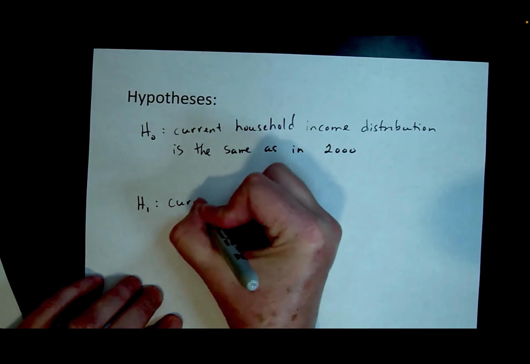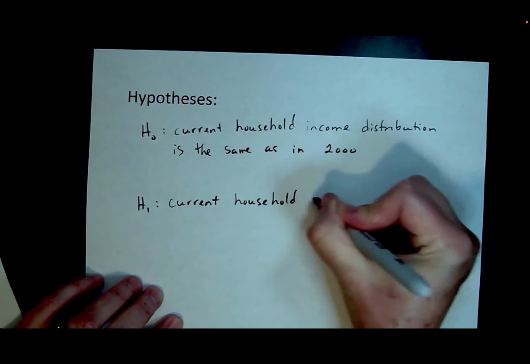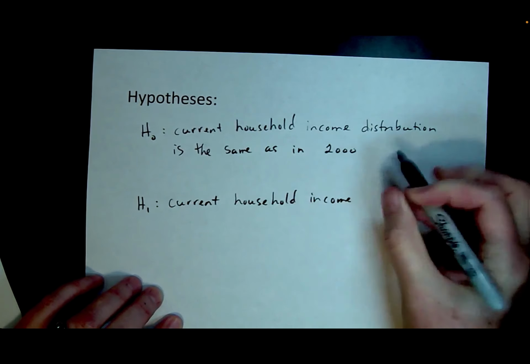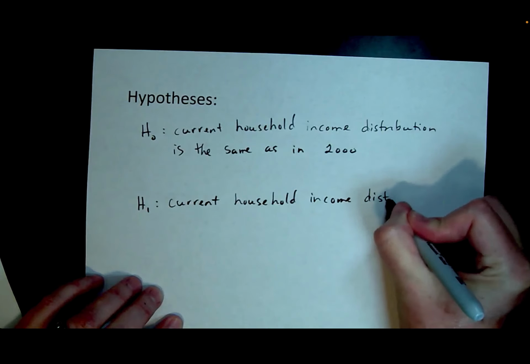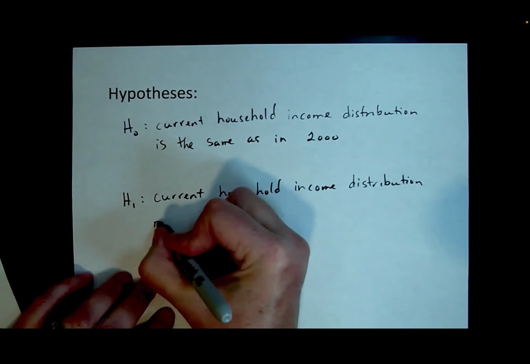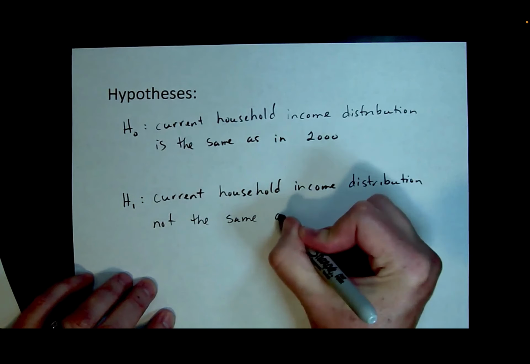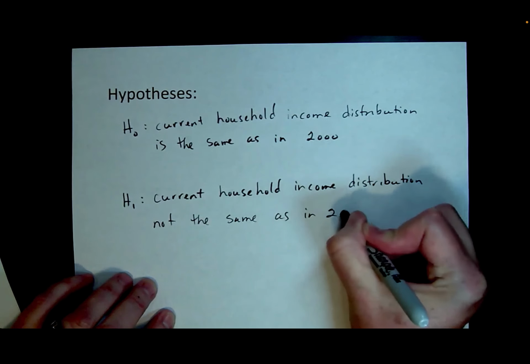So current household income distribution not the same as in the year 2000.